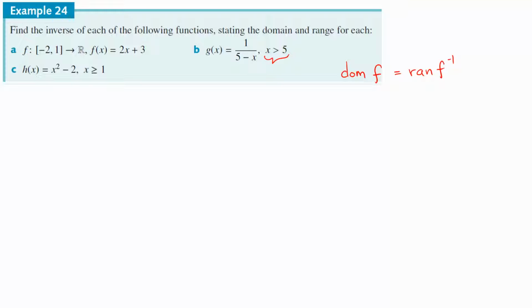So they're already telling you your domain is from 5 to infinity, but not including 5. That's what you should have taken out from that symbol. So that tells you that your inverse function has a range, because it asks you for domain and range. You already got the range just by looking at that symbol there. So if your domain is 5 to infinity, therefore your range of the inverse is 5 to infinity. The only thing you don't know yet is what is the range of this function.